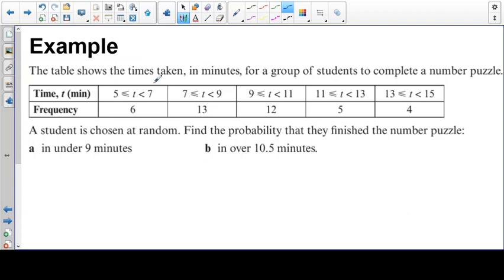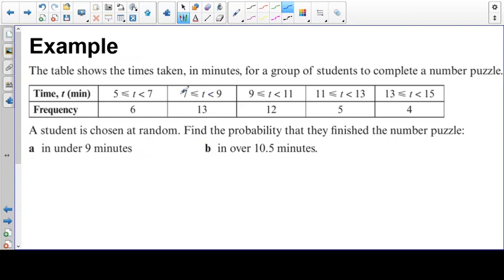So it's all about time, the time taken in minutes for a group of students to complete a number puzzle. So we've got times from 5 up to 15 minutes, and then the frequencies. A student is chosen at random. Find the probability that they finished the number puzzle in under 9 minutes. So we want to know how many students did the puzzle in under 9 minutes.